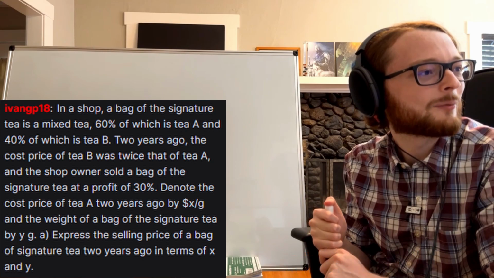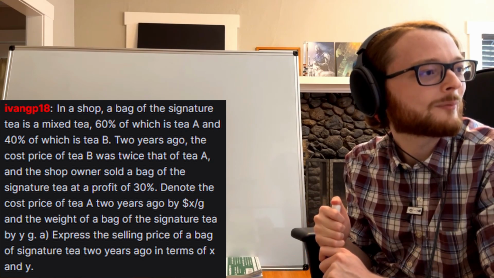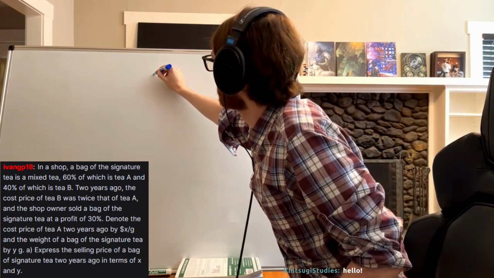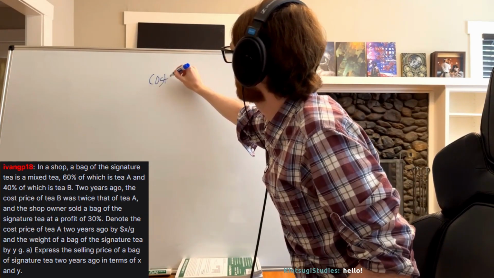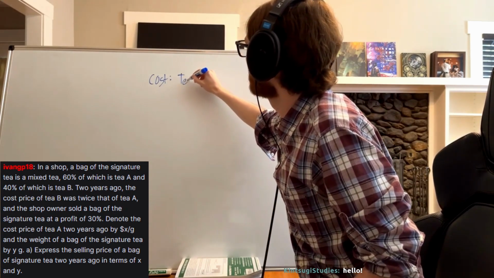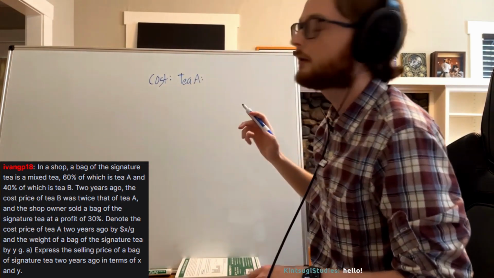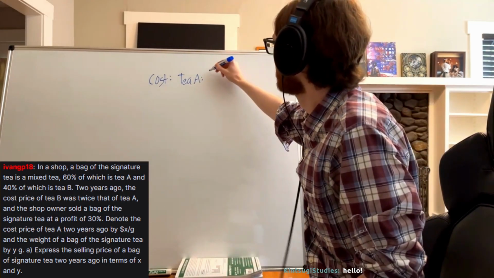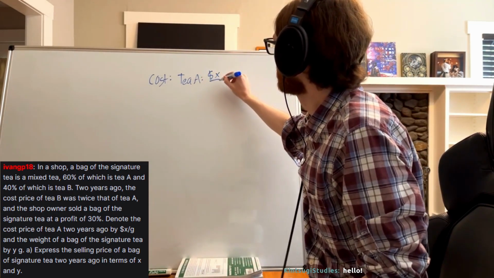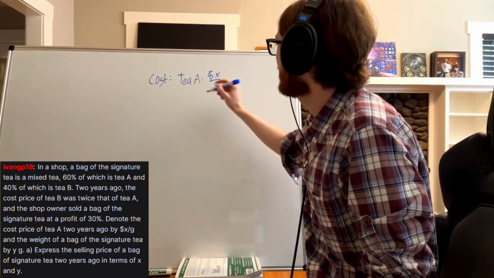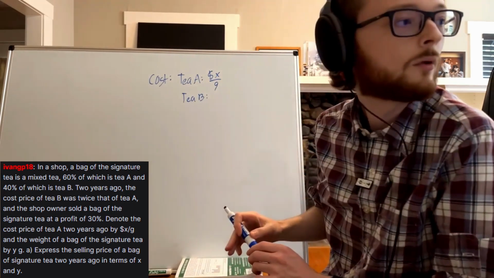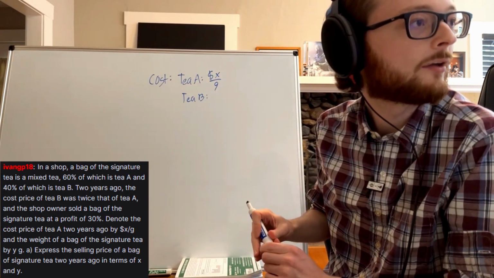So, okay, the end goal is the selling price of the bag of signature tea 2 years ago in terms of X and Y. So let's see, cost for TA is X dollars per gram. And the cost of TB, we said was twice of TA.